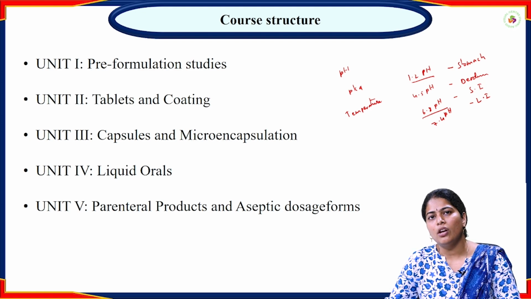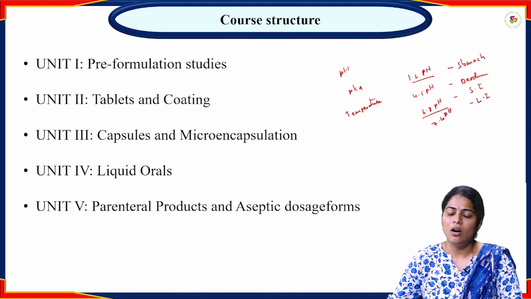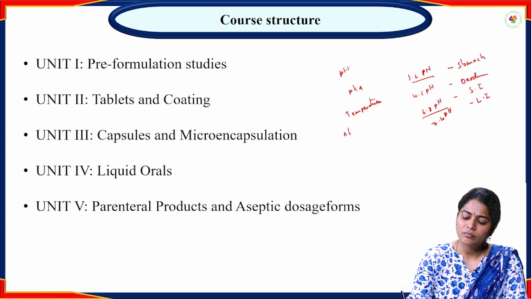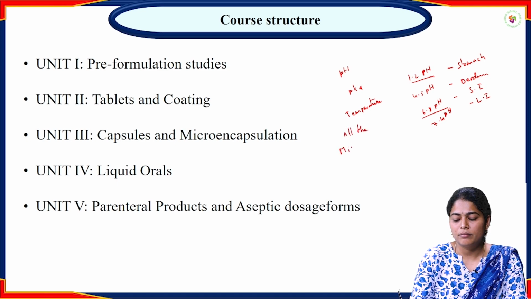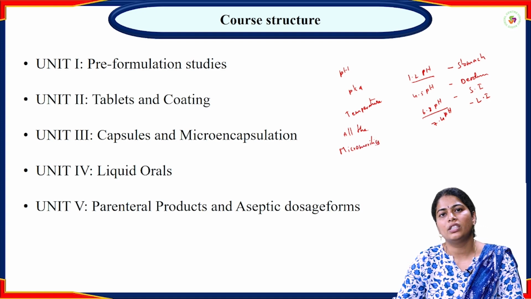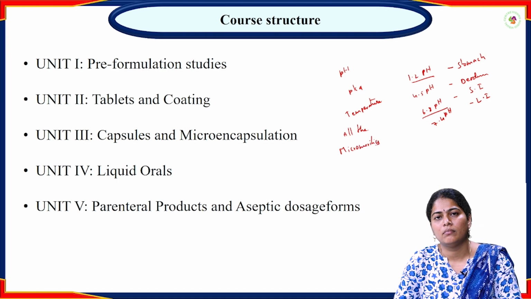After completion of solubility studies in pre-formulation, we will go for the bulk characterization, which includes all the parameters in micromeritics, which includes the shape, particle size, bulk density, porosity, everything. So why all this bulk characterization?